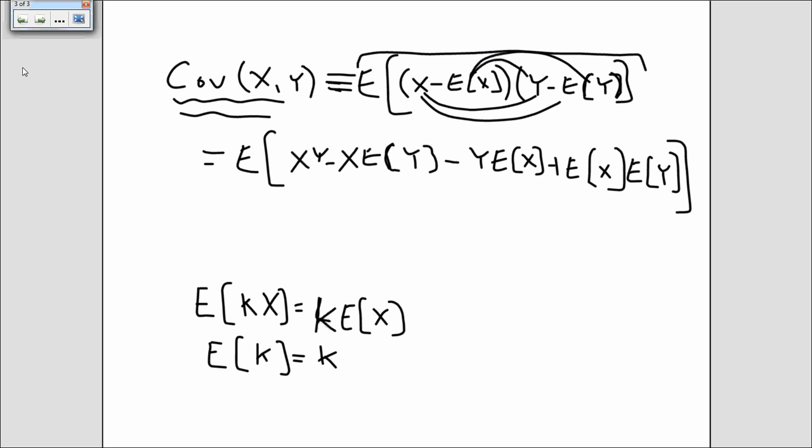Answer is 9. If you multiplied each and every value of x by k, it's reasonable to think that the expected value of x would be multiplied by k. Okay.